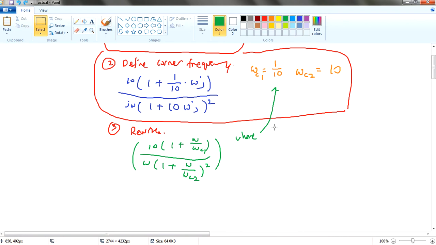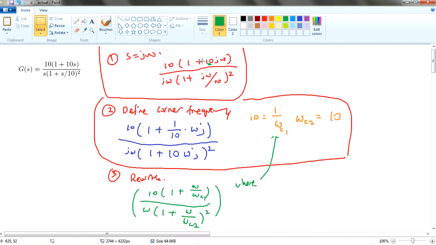But nonetheless, the values are all the same, okay? If it's 1 over 10, it's 0.1, right? If I put my omega c1 at the bottom over here, I'll have 10, right? So what is this 10? 10 is actually this 10 j omega, alright?